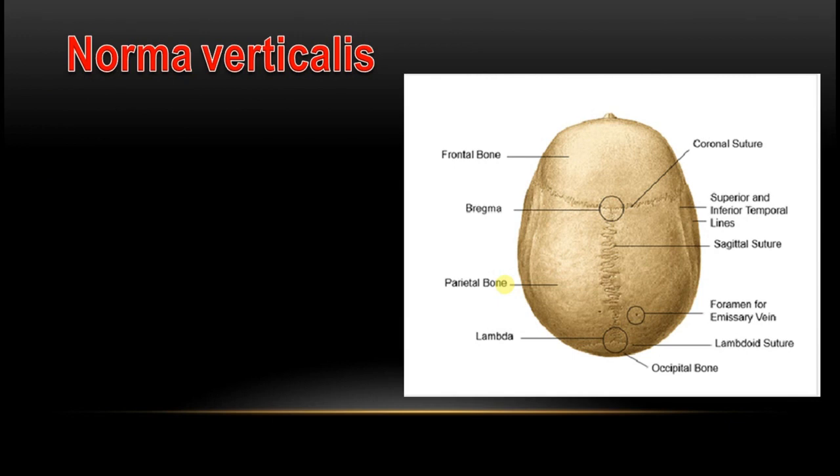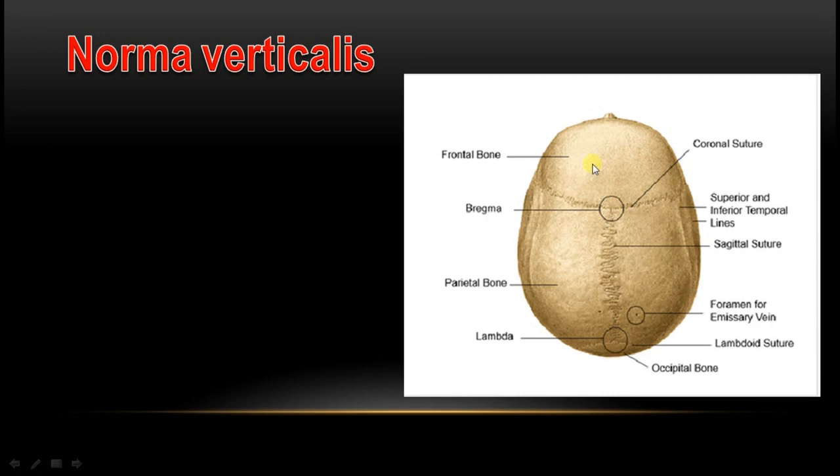The first norma we are going to discuss is the norma verticalis. What bones will we see in the norma verticalis? It is viewing the skull from above, the superior view. Mainly you see the frontal bone. Behind the frontal bone you see the parietal bones, the two parietal bones. Then you are able to see the occipital bone.